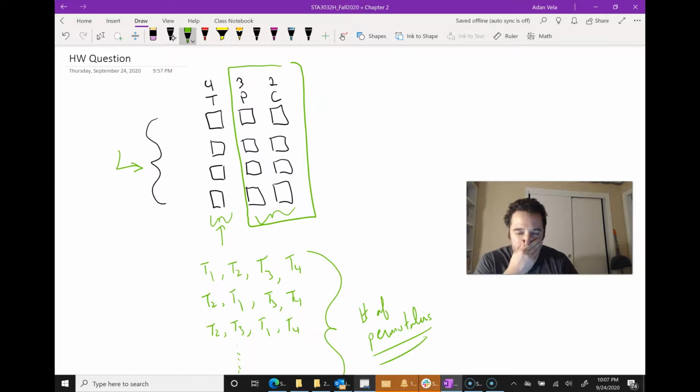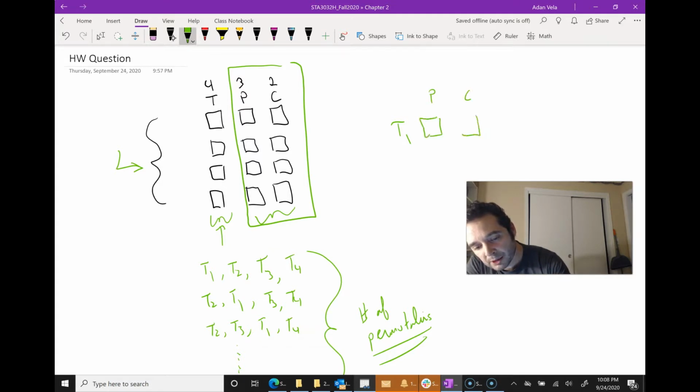The way that we're going to think about this is, let's pretend we fixed the temperature, T1, okay? If we have T1, the question becomes, how many different pressure and catalyst combinations can we come up with?